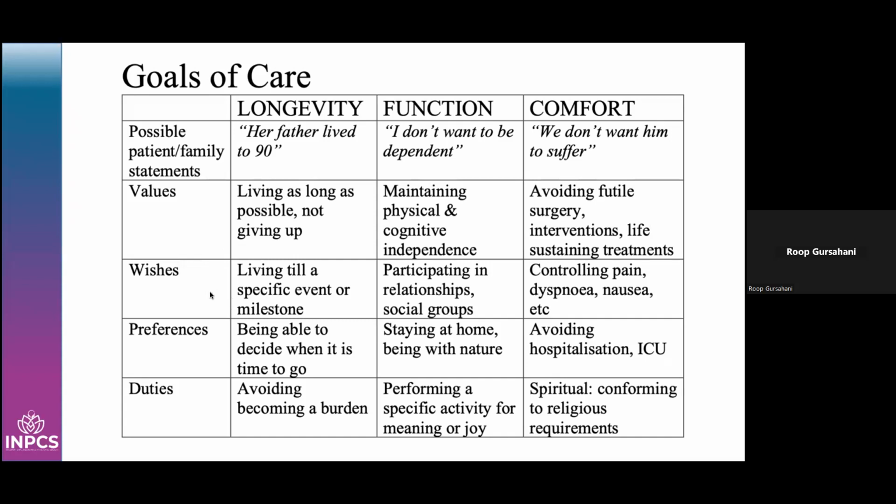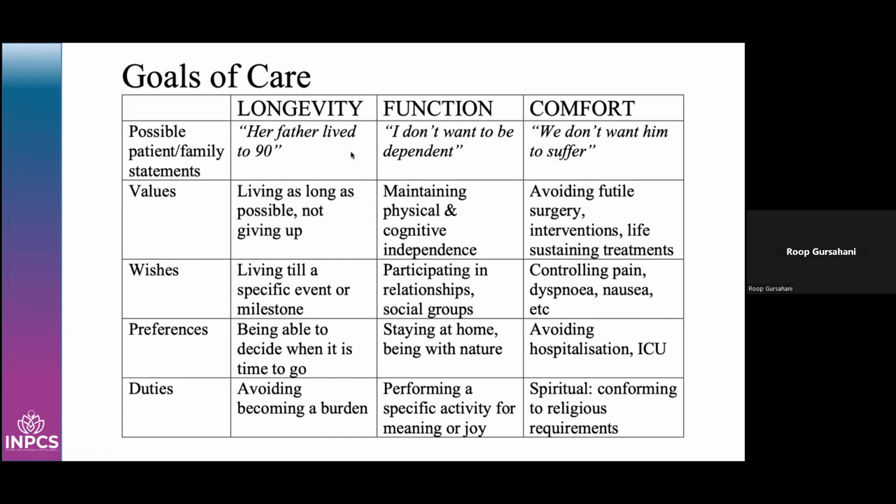And in addition to wishes, there are preferences, but people also think of these goals of care in terms of duties. So these could be spiritual, but it could also be avoiding becoming a burden.